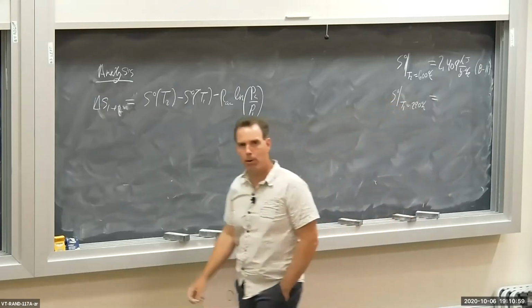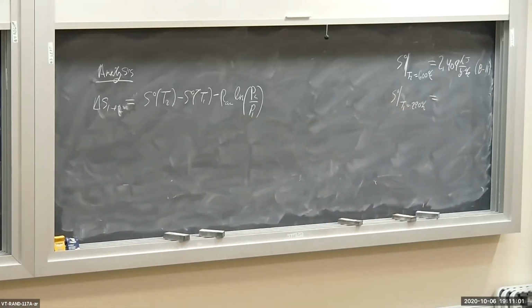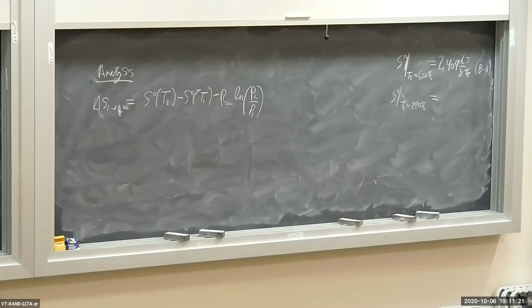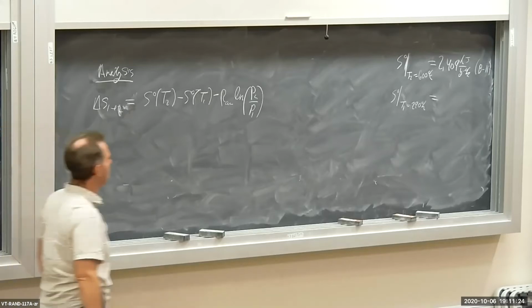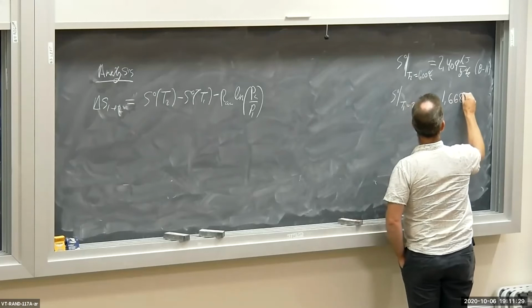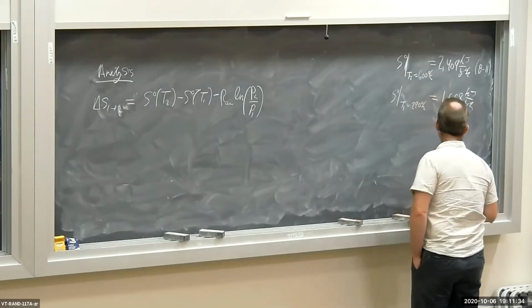Let's go to the same table. 290: 1.668 kilojoules per kilogram degree Kelvin. Okay.